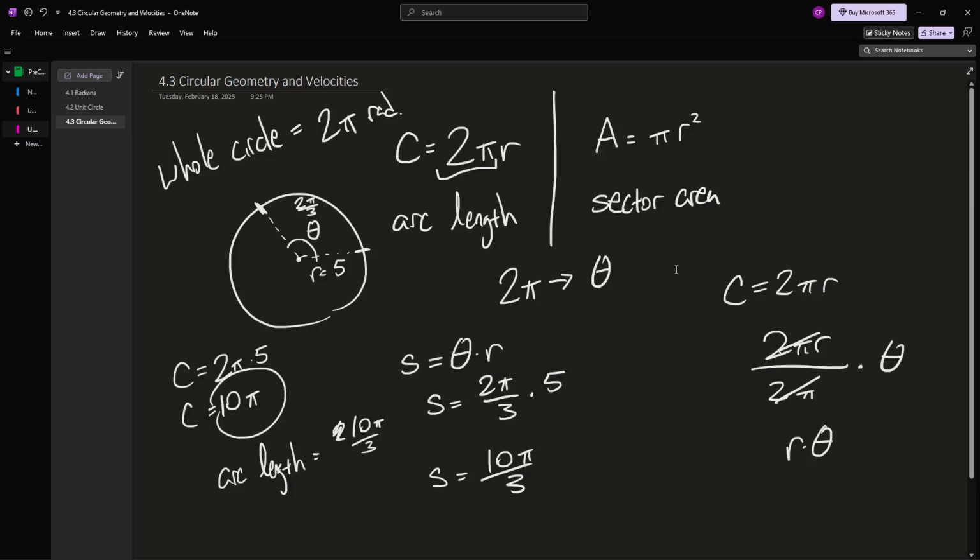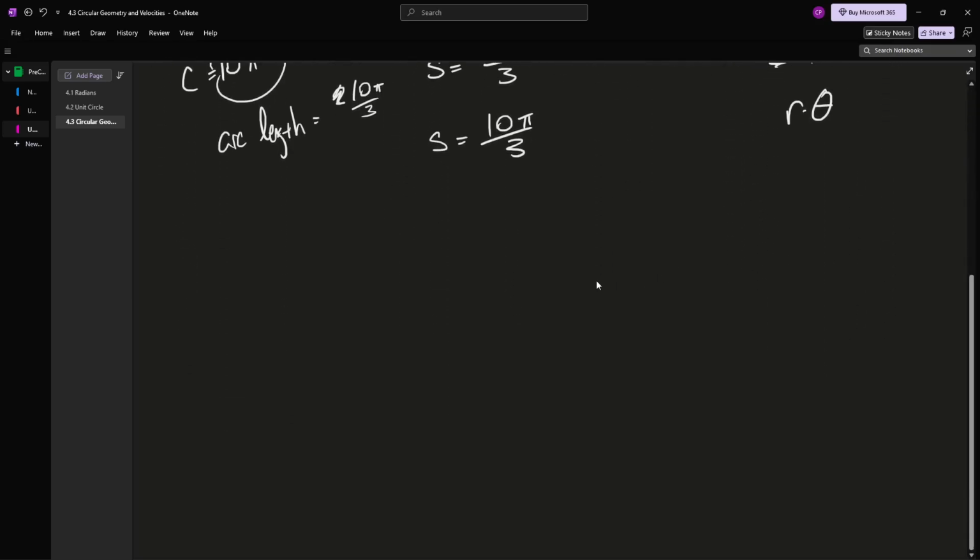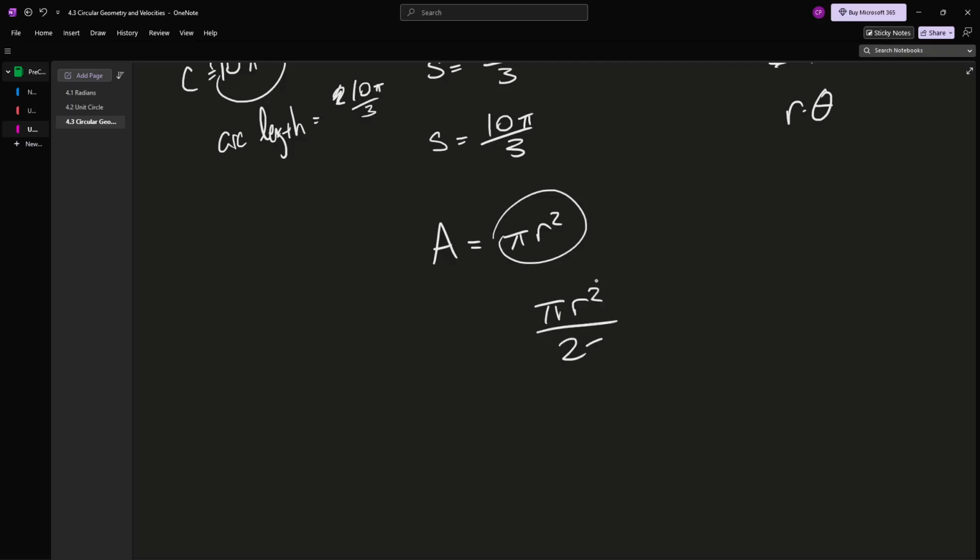Next up is sector area. We do the same thing with sector area. So sector area is pi r squared. When I take this pi r squared, divide it by 2 pi, and multiply by theta, the pi's cancel out, so I get r squared over 2 times theta.